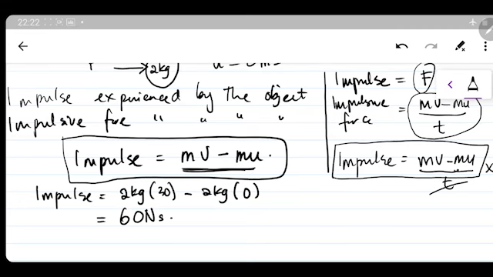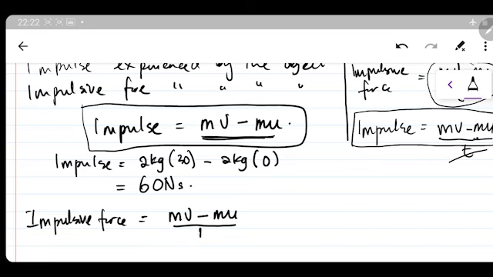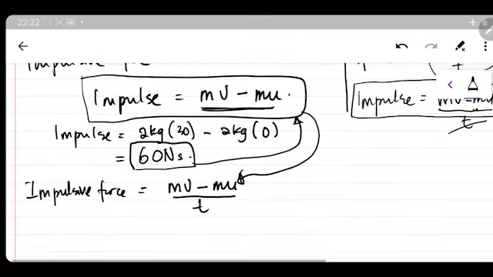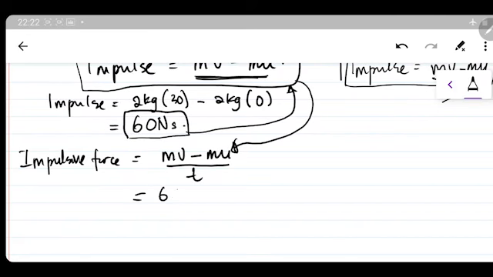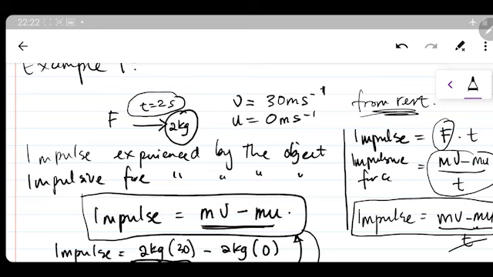Now we need to calculate the impulsive force. Impulsive force equals mv minus mu over t. Since 60 newton second equals the impulse, and this formula equals this formula, we write 60 newton second divided by the time of impact, 2 seconds.